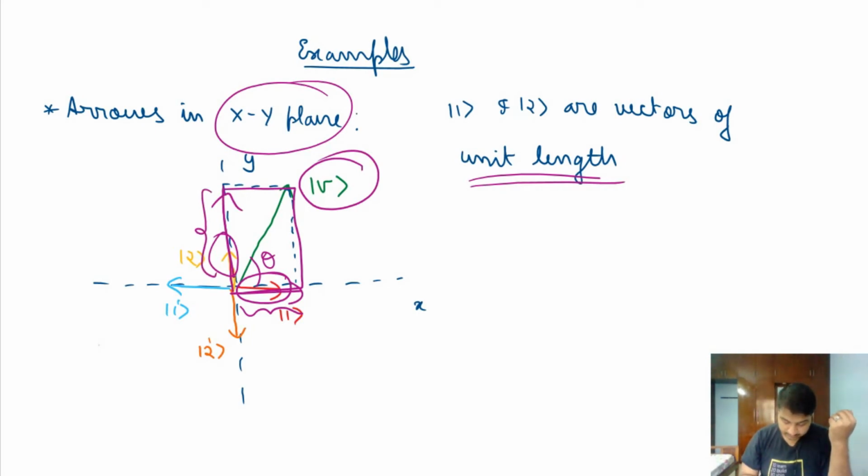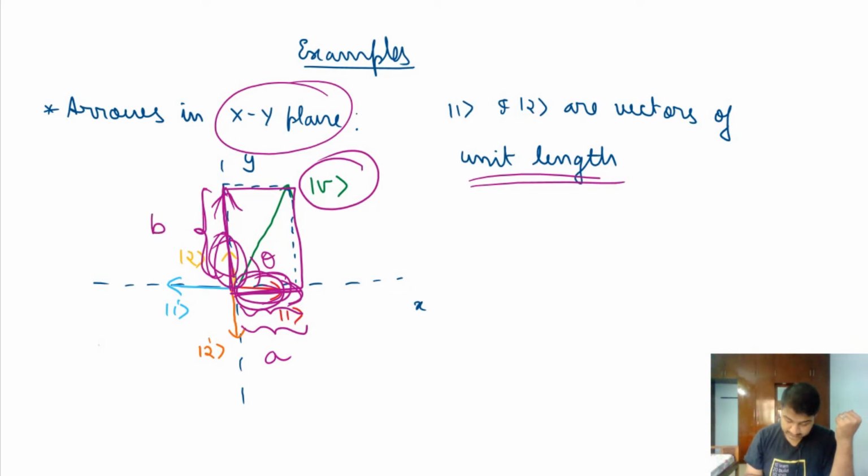That simply means we multiply these unit arrows with appropriate constants so that they have the same length as the sides of these rectangles. So when we do that, what are we going to get? Let's say that the coefficient that we need to multiply with vector 1 is a, and the coefficient that we need to multiply with vector 2 is b.